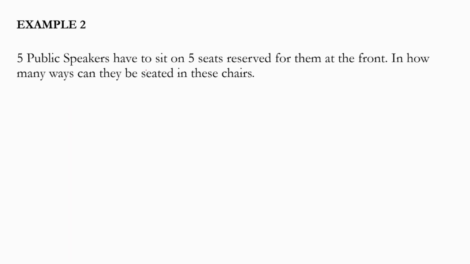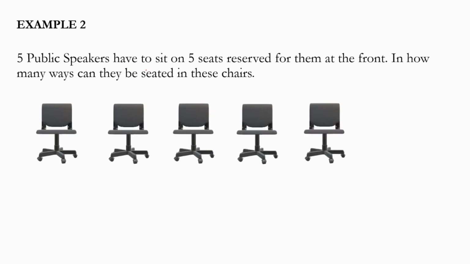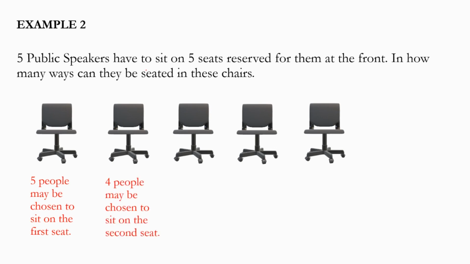Then example 2. 5 public speakers have to sit on 5 seats reserved for them at the front. In how many ways can they be seated on these chairs? So we have 5 chairs here. 5 people may be chosen to sit on the first seat, and then 4 people may be chosen to sit on the second seat.